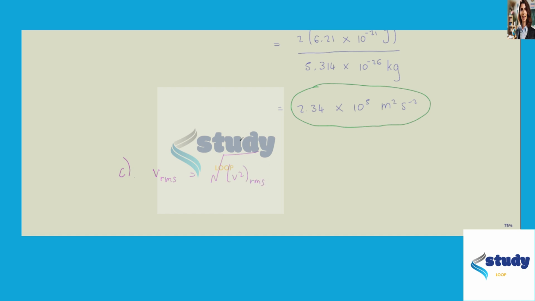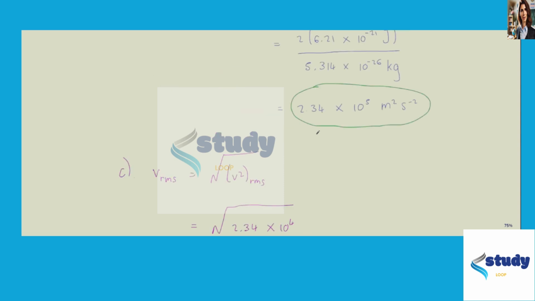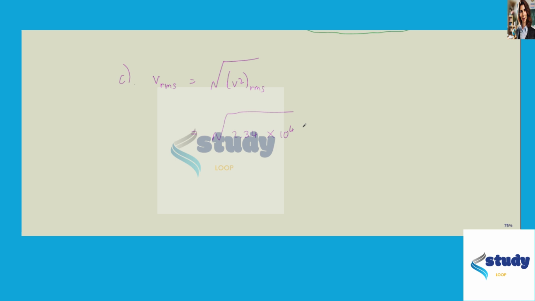So the root mean square is simply the square root of the mean square speed, which we calculated previously as 2.34 times 10 to the power 5, in SI units of meter squared per second squared.